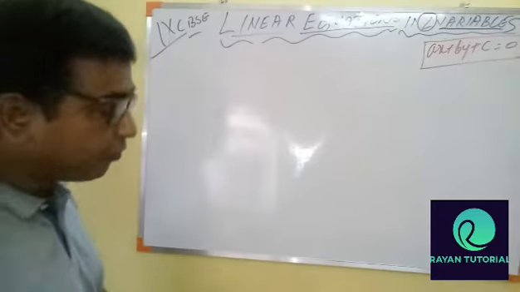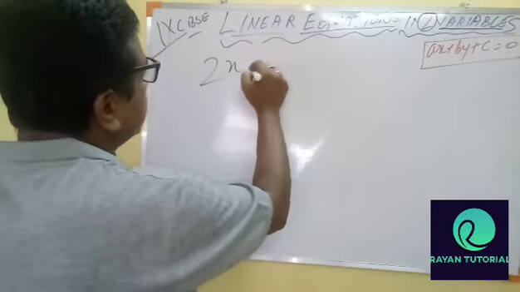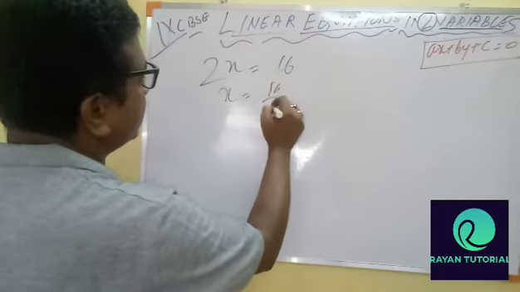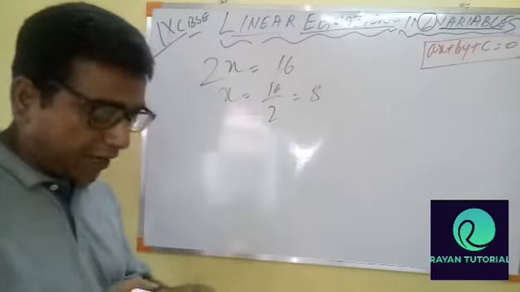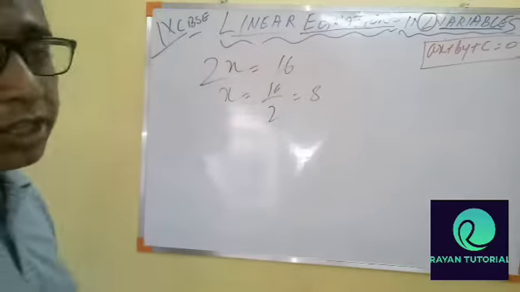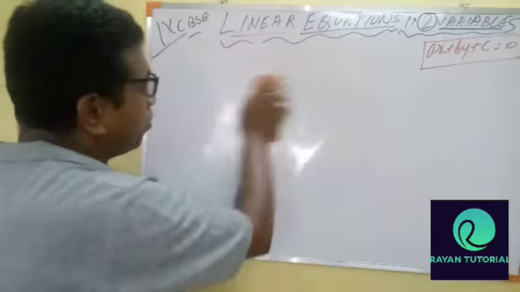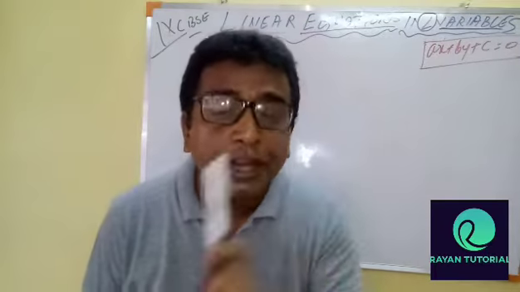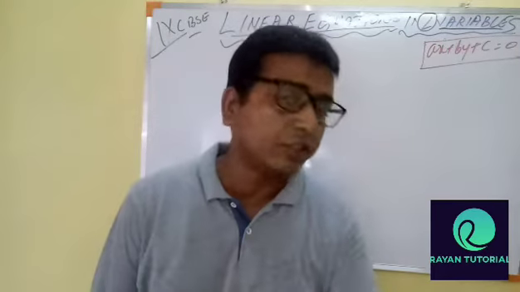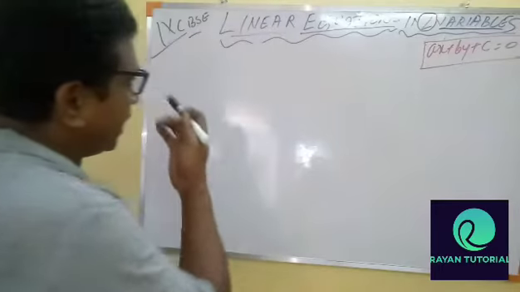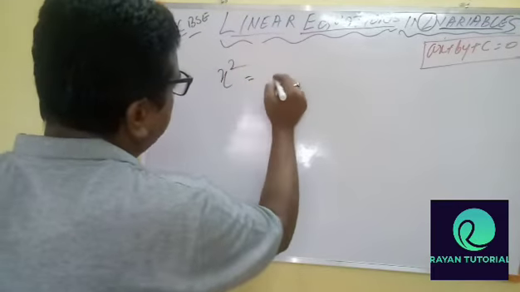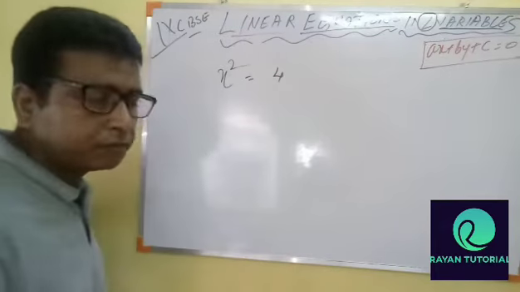Clear? But suppose if I say 2x is equals to 16. Here x is equals to 16 by 2 is equals to 8. Can you have any more solutions for this? No. So this equation will be having a unique solution, means only one solution. Suppose if I say x square is equals to 4.